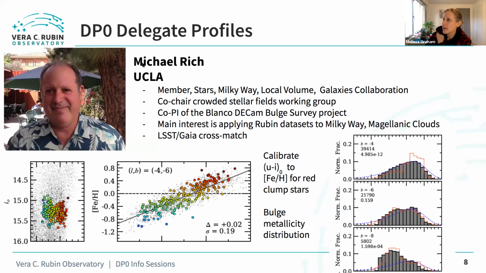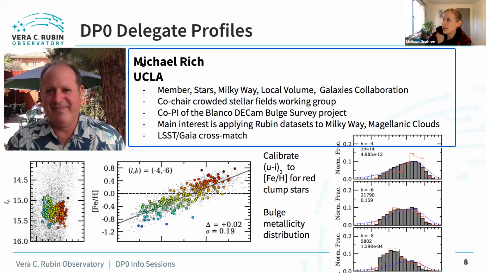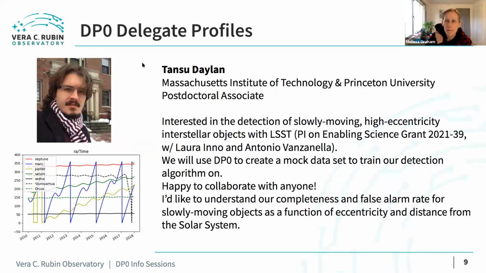Next. Oh, Tansu. Hey everyone, so Tansu Daylan here. I'm a TESS postdoctoral associate at MIT, and I have a visiting appointment at Princeton right now. I work on various aspects of time domain astronomy, but my interest in DP0 mostly stems from my recent enabling science grant on detecting moving objects, especially slowly moving objects with LSST.